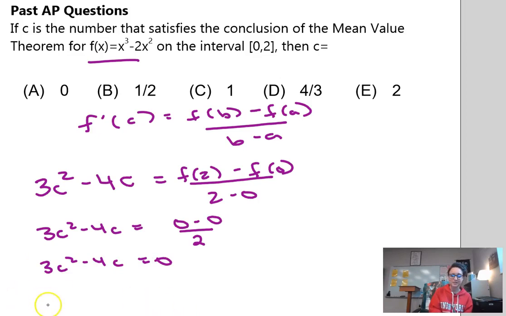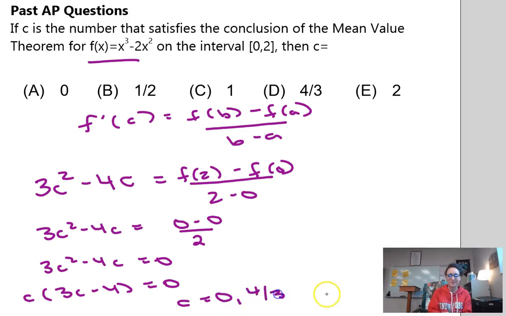Okay, so now I want to solve for c. I'm going to go ahead and factor out a c, so I'm getting c times (3c minus 4). And again, make sure you're factoring and not dividing, so you don't lose solutions. So I have two options for c right now, arithmetically. I've got 0 and I've got 4 over 3, okay?